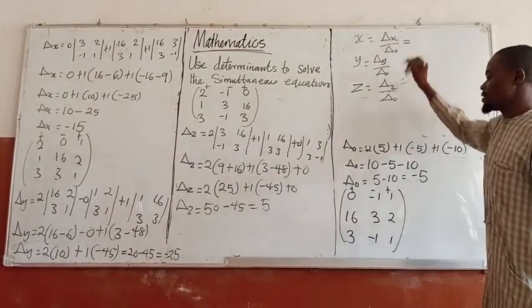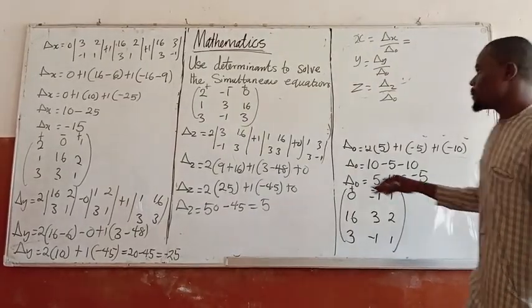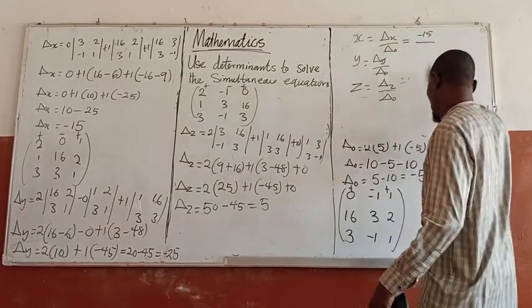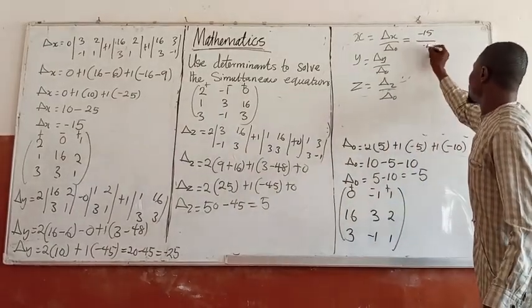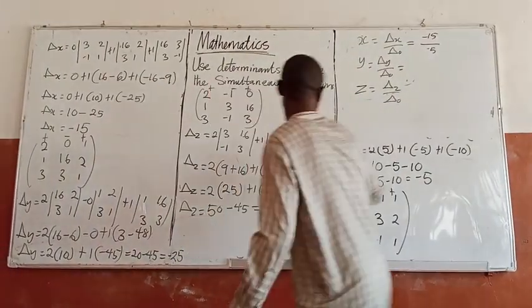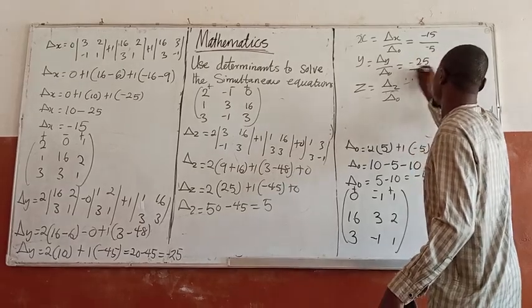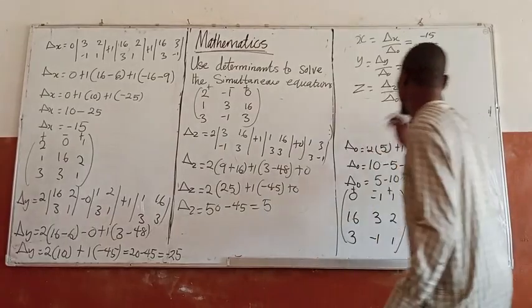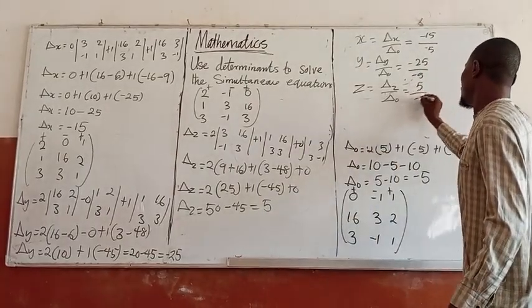What is my delta x? Delta x is minus 15. Delta naught is minus 5. Then delta y is minus 25, and delta naught is minus 5. And delta z is 5 all over minus 5.